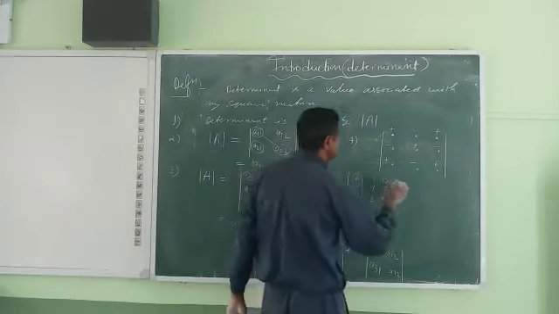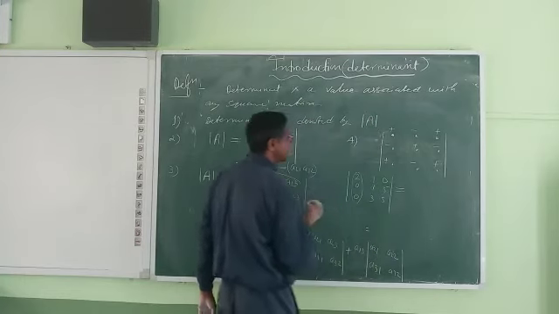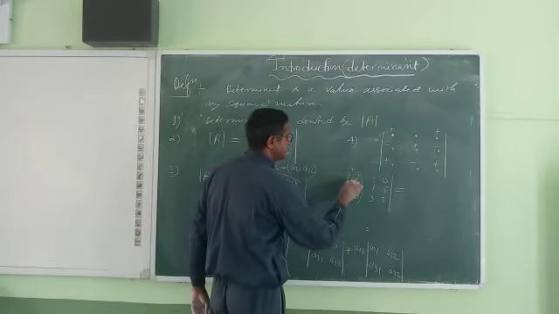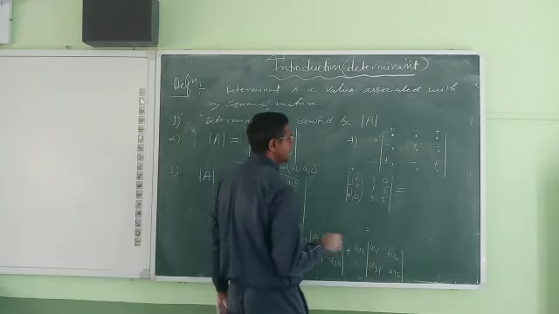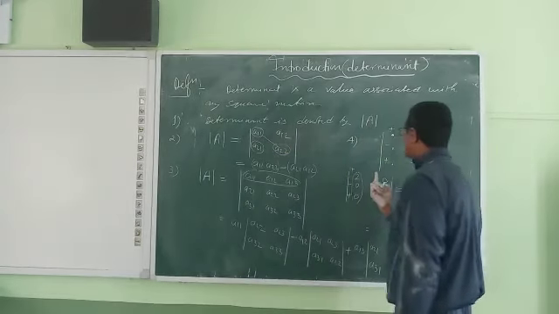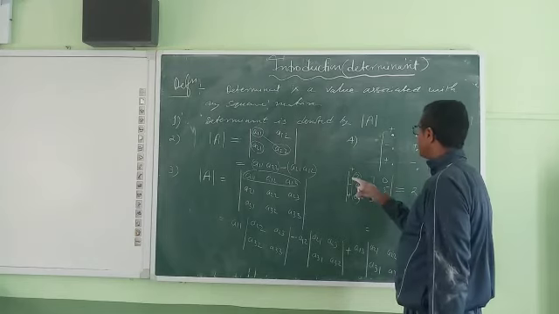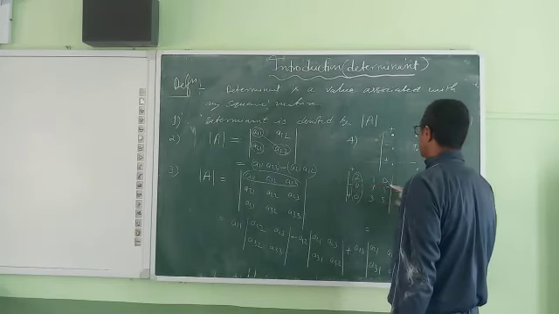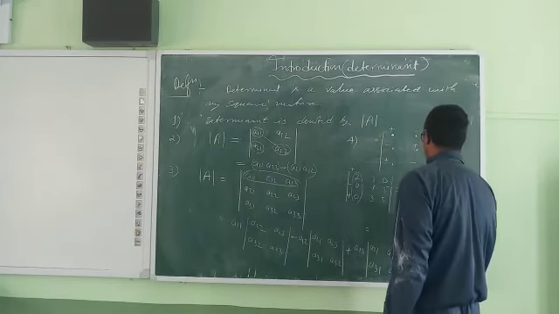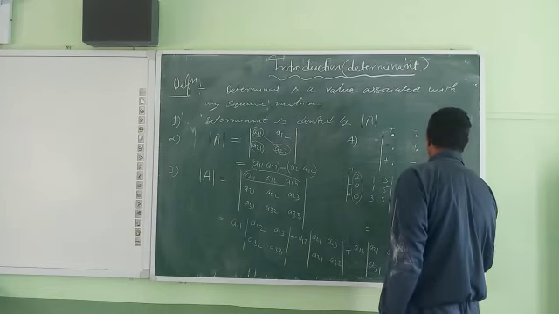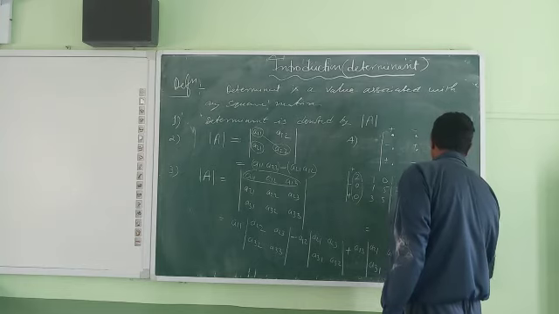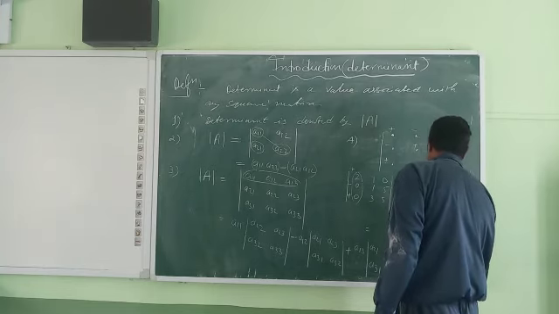After expanding in respect of the first column, the sign convention is plus, minus, plus. It is very easy to expand it because the rest two elements are 0, so you can write directly 2, you hide the first row and first column, 1, 5, 3, 5. Means 2 into 5 is 10, 3 into 5 is 15, 15 minus 5 is 10, and 2 times 10 is 20.